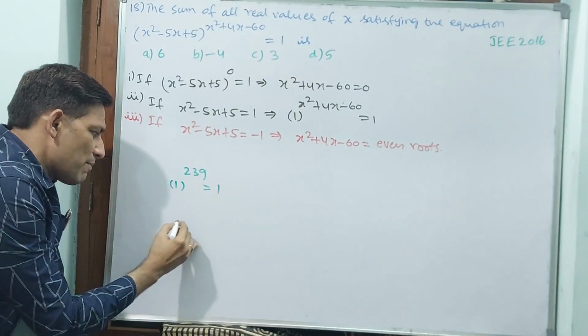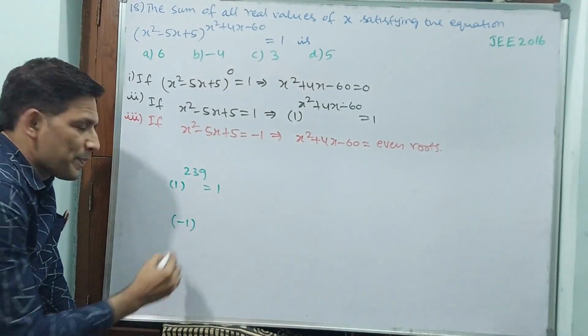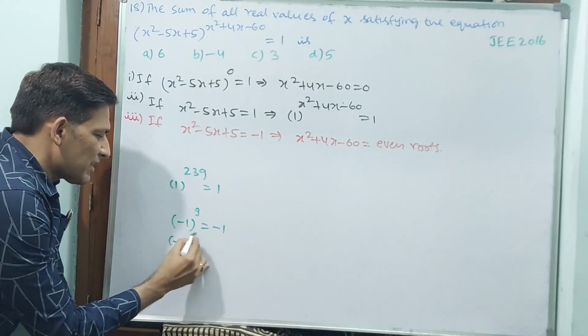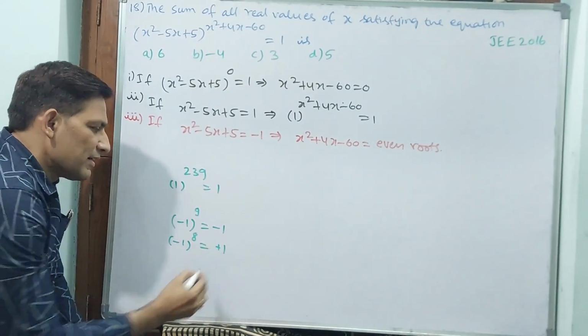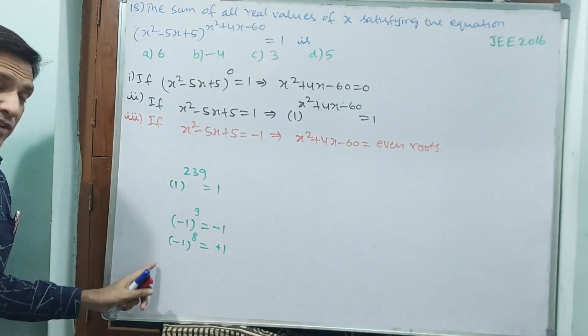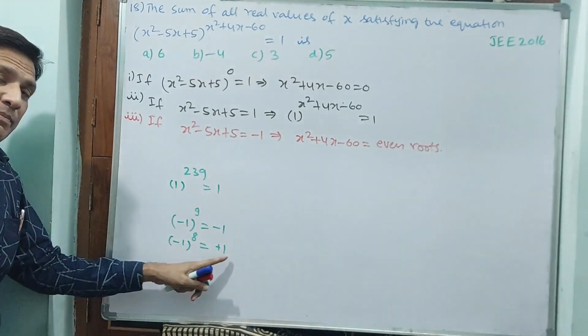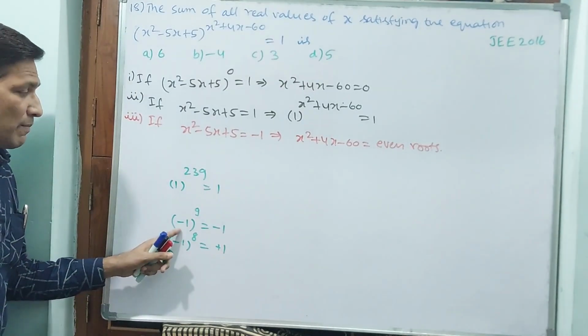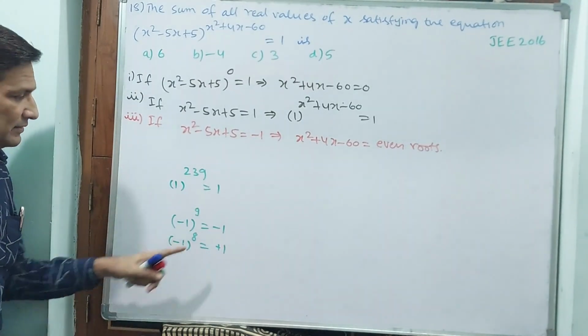That we know. But minus 1 power 9 is minus 1, minus 1 power 8 is 1. Why? Because it is an even number. Even times if you multiply minus 1, then plus 1 will come. Okay, minus 1 square is 1, minus 1 cube is minus 1.